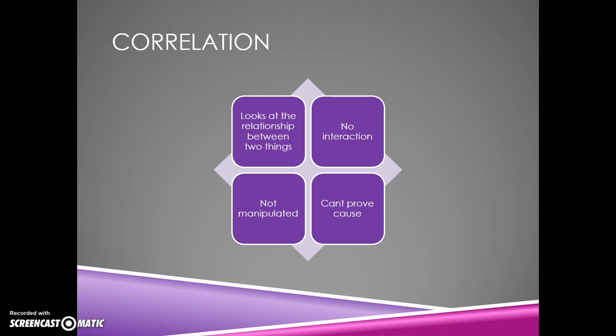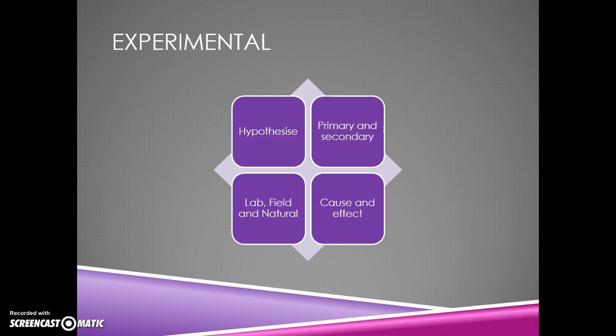Moving on to the final one, which is experimental research, which is basically research conducted using a hypothesis. So you'd think about the independent and the dependent variables and what affects these.